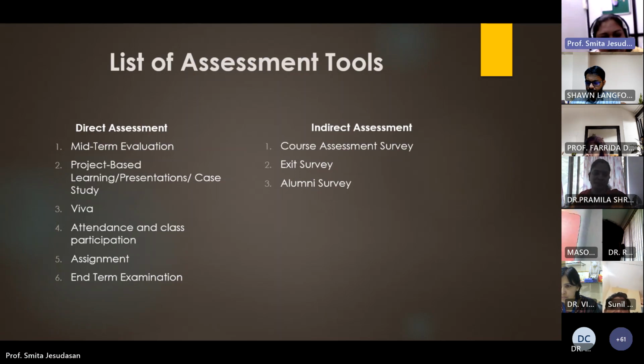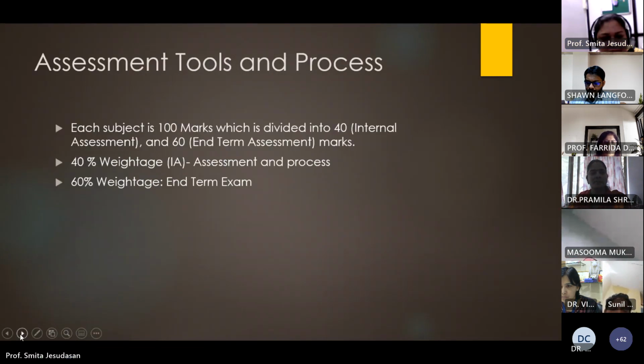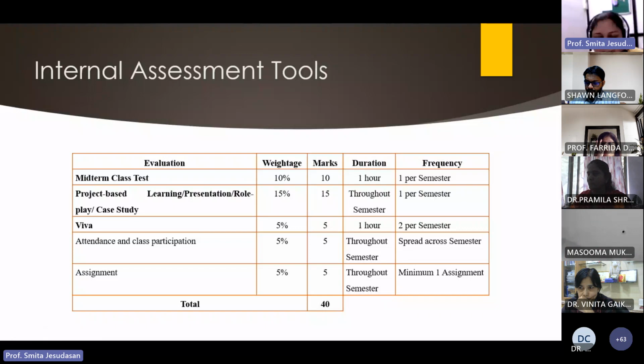So 40% will be taken from midterm evaluation, PBL, viva, attendance and class participation, and even assignment. And 60% will be taken from the end term examination.